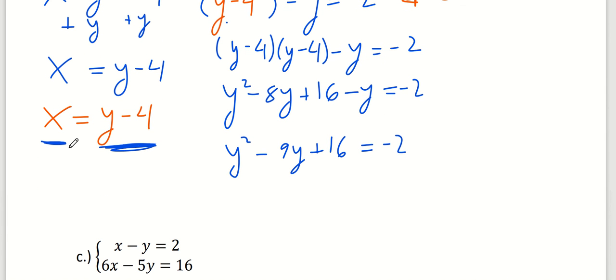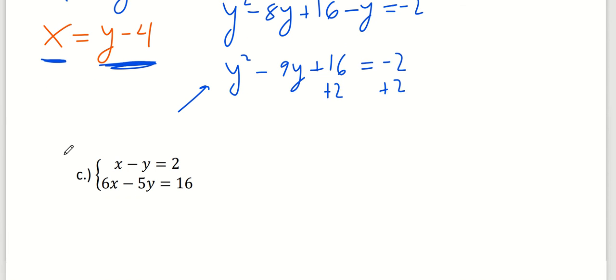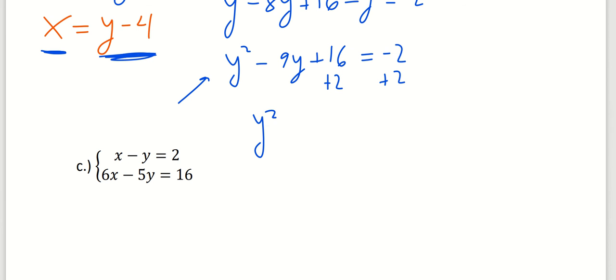And now the next thing we can do to get one side to be 0, because we do have a quadratic, notice that it's the variable y squared, we're going to go ahead and add 2 to both sides. This produces y squared minus 9y plus 18 equals 0.